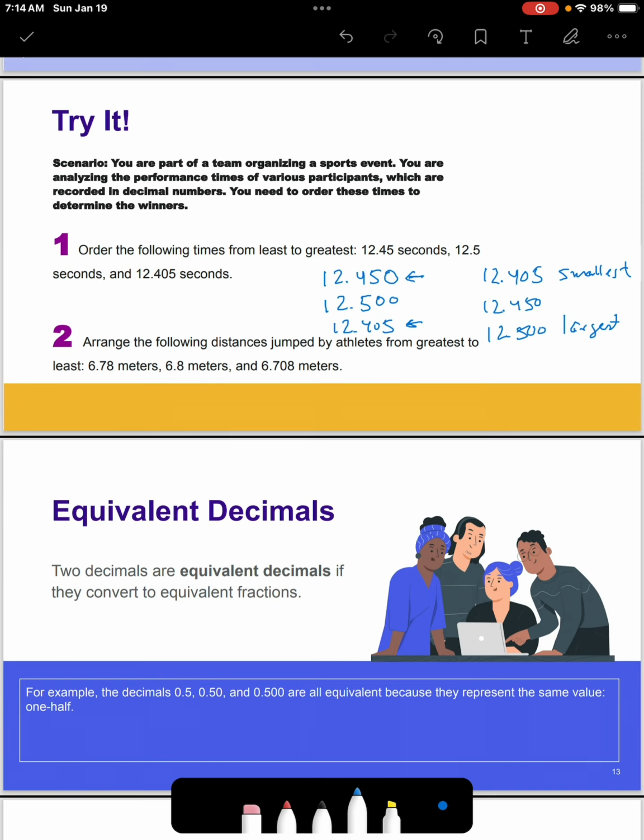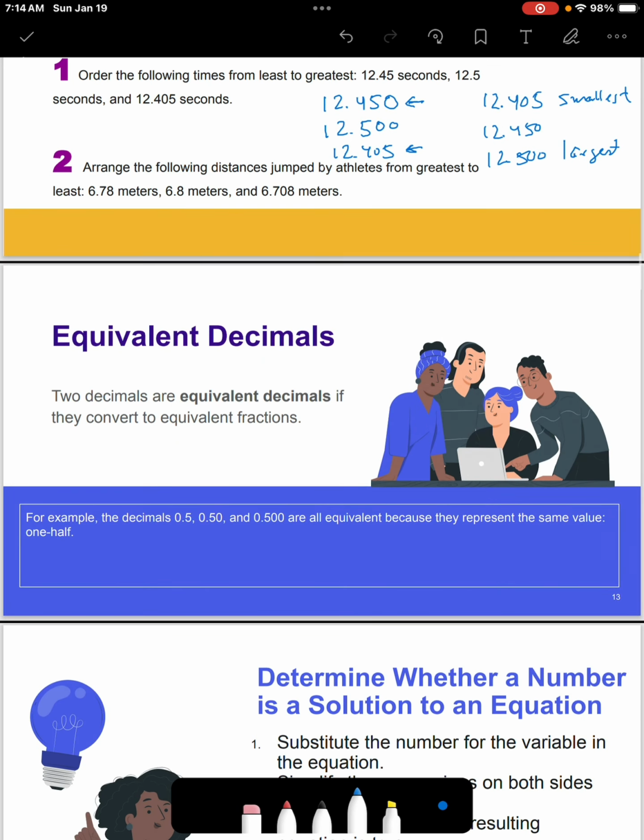Okay, equivalent fractions. Two decimals are equivalent if they convert to equivalent fractions. So for example, these decimals, 0.5, 0.50, and 0.500 are all the same, because if I convert 0.5 to a fraction, it's a tenths digit, so it's 5 over 10. 0.50 is a hundredths digit, so it's 50 over 100.